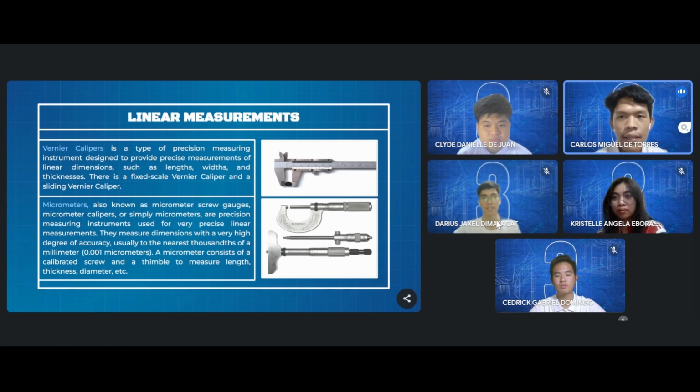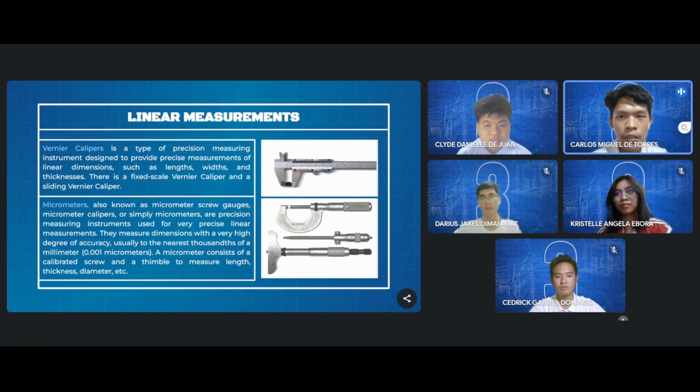These precise instruments measure length, width, and thickness. Set to 0, choose the measurement mode, and measure between the jaws for precise readings. Up next are micrometers, also known as micrometer screw gauges.